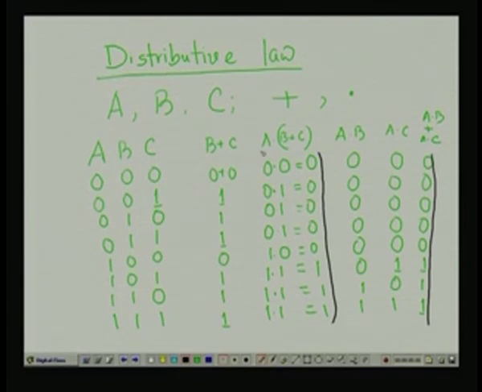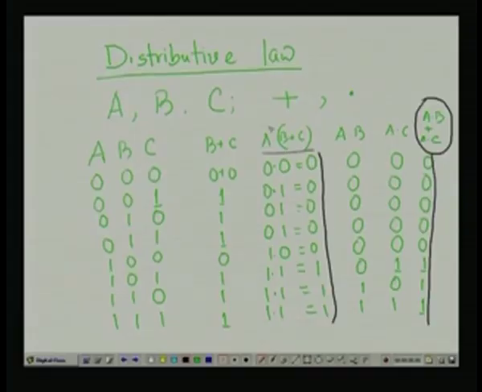That means A dot B plus C equals A dot B plus A dot C. So, the distributive law holds. And see here, the plus and dot operators that we have defined from the algebraic point of view are similar to our OR and AND operators.